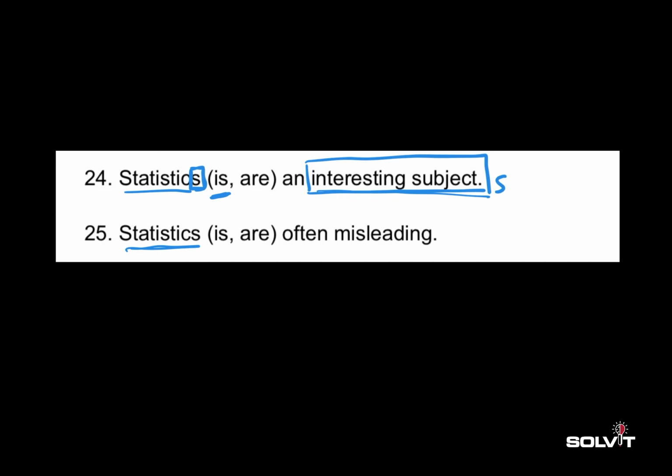Over here, we're talking about data, right? Statistics, numbers, basically numbers. And what are numbers? They are plural. So what verb are we going to use over here? We're going to use the verb are. Statistics are often misleading.